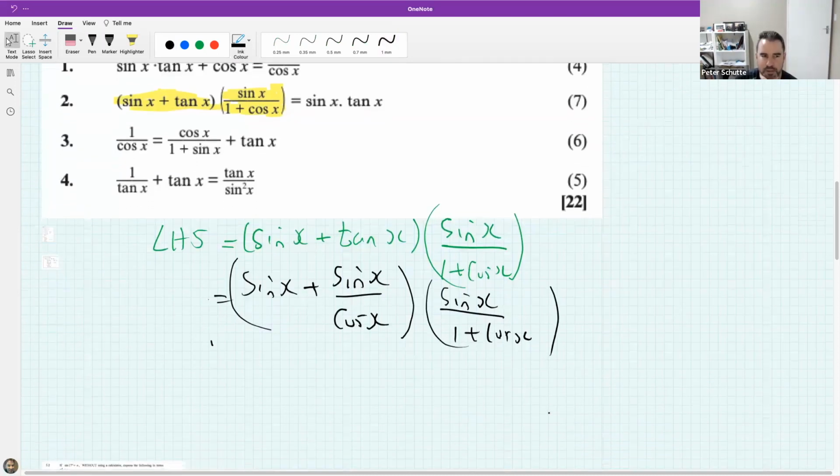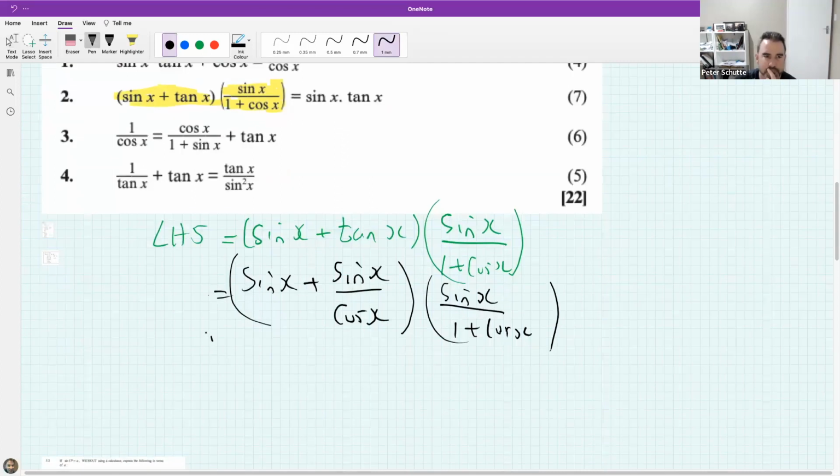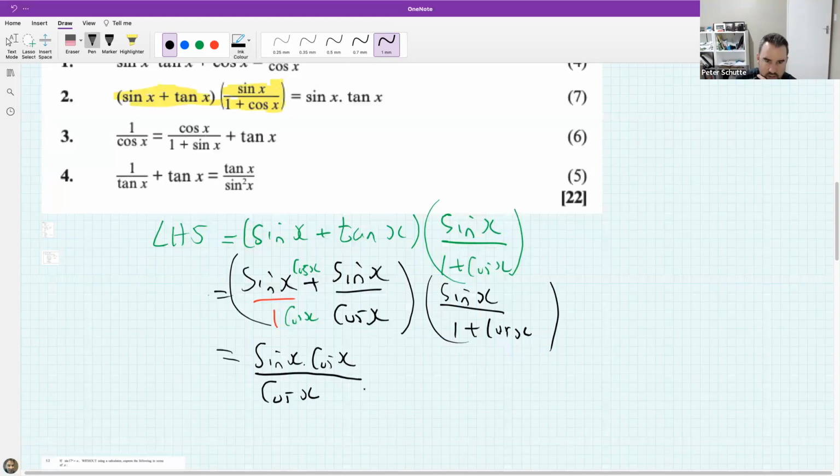What would your next step be? Taking the sin x and the sin x and making it sin x over the cos x. Yeah, so it's almost like that trick that I was talking about earlier on, where you multiply this by cos x and cos x. I like that. So we get sin x times cos x over cos x plus sin x over cos x.